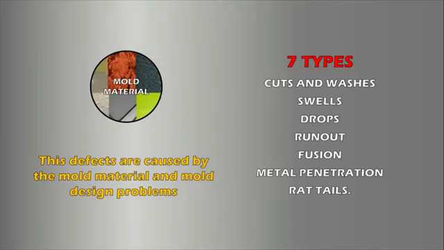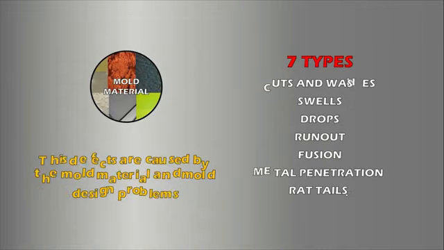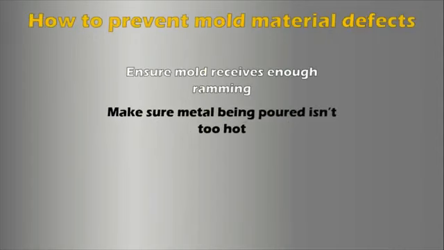They are cuts and washes, swells, drops, runout, fusion, metal penetration, and rat tails. How to prevent mold material defects. Ensuring molds receive enough ramming to hold the molten metal is an effective way to cut down on all of these problems, as well as making sure the metal being poured isn't too hot.